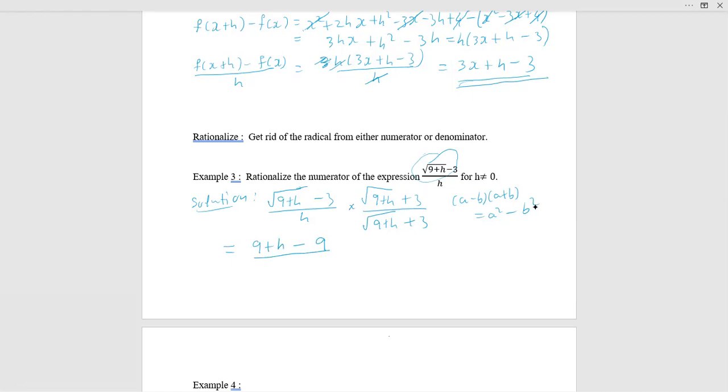Divided by h times (square root of 9 plus h plus 3). The positive 9 and negative 9 cancel out, and we get h over h times (square root of 9 plus h plus 3).